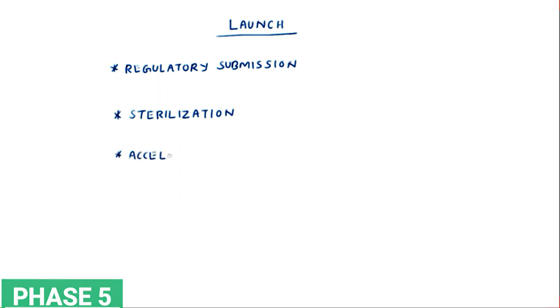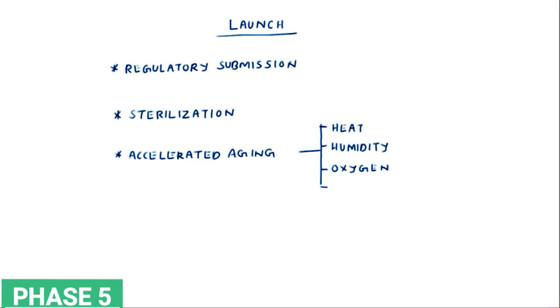Next is accelerated aging. Accelerated aging is done for finding the shelf life of the product. It is a method of testing that uses aggravated conditions of heat, humidity, oxygen, sunlight, and vibration, because all these have an impact on the product and will reduce its lifetime.